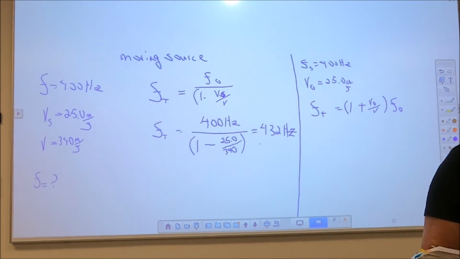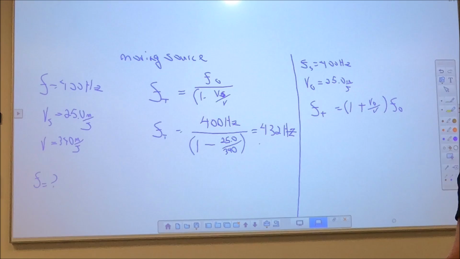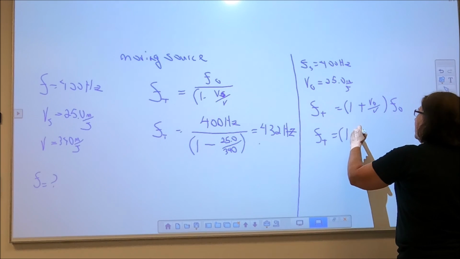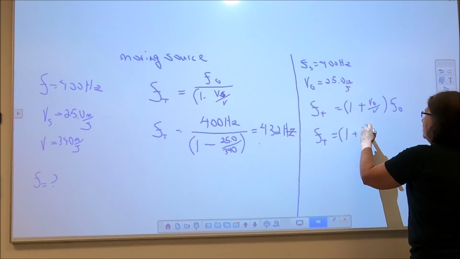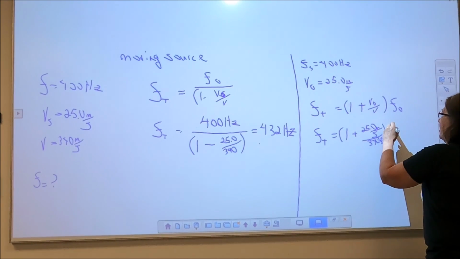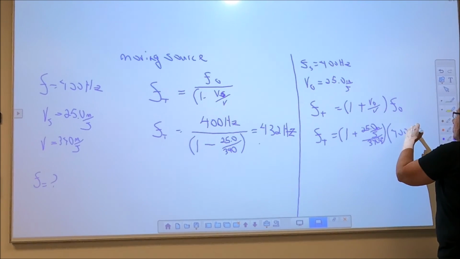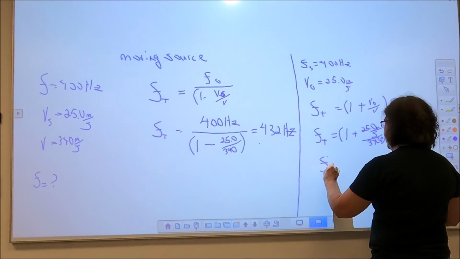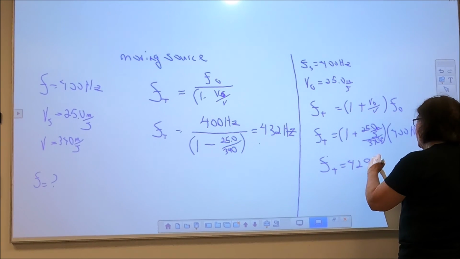I don't know why they use o there. It should be the frequency of the source. So f plus here is going to be 1 plus the velocity of the observer, 25 meters per second, over 340 meters per second, times the 400 hertz. So 25 divided by 340 plus 1 times 400. f plus here would be 429 hertz.